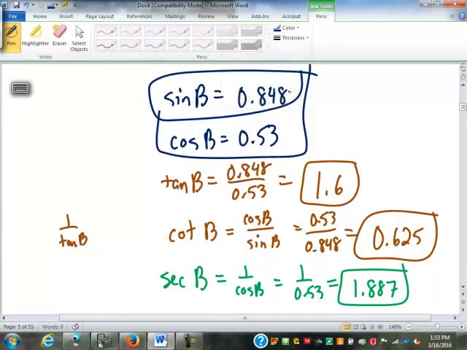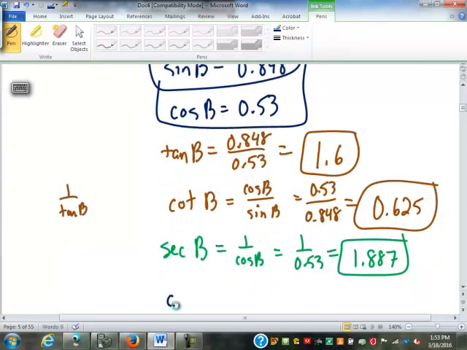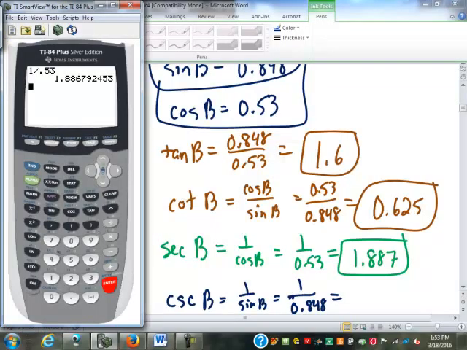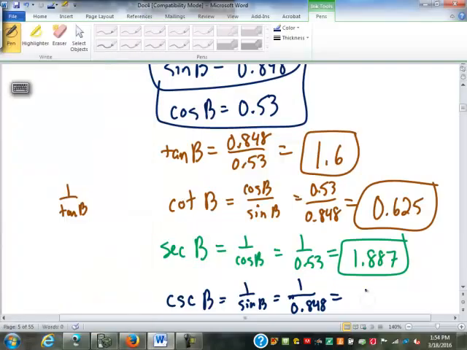And finally, the cosecant of B is 1 over the sine of B, or 1 over 0.848, which will be 1.179.